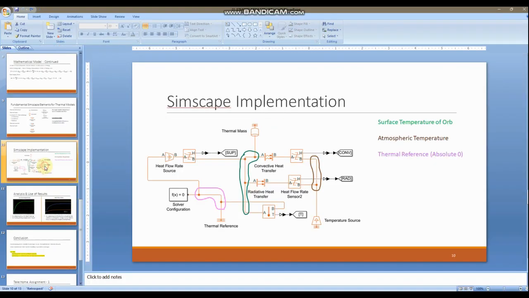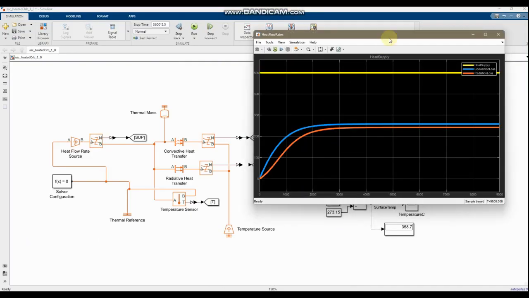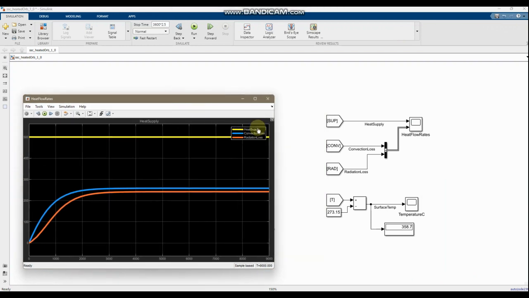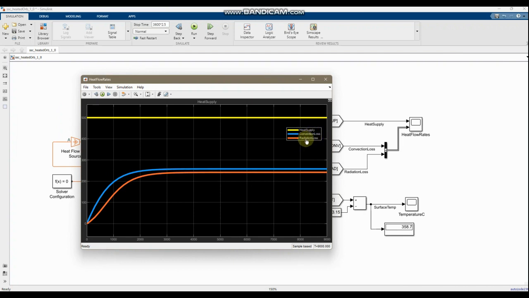So now going back to here we are with the plots that I expected. The heat supply is constant throughout. Convection losses and the radiation losses experience some rapid growth, and then the growth lowers, and finally they also settle to a certain value.